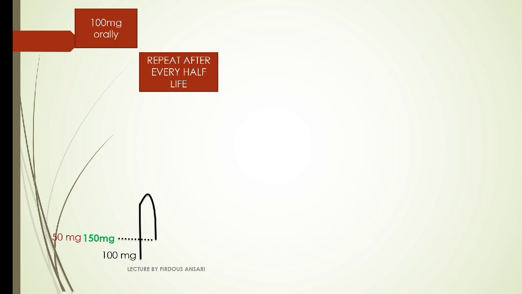At 150 mg the plasma concentration of the drug will still increase, and later on it will be reduced because of metabolism and elimination, and at the half life around 75 mg of the drug will be there.